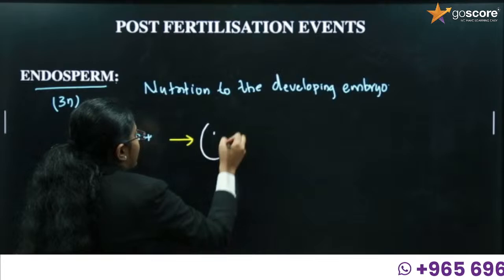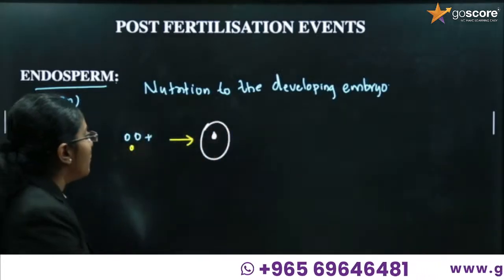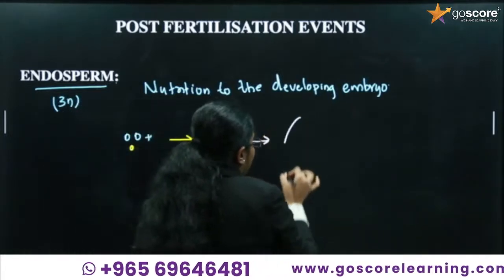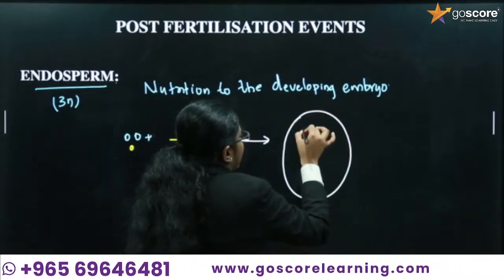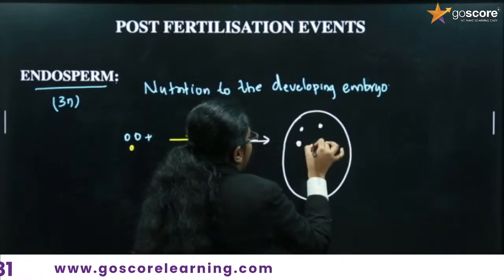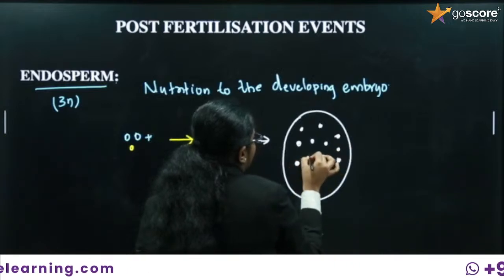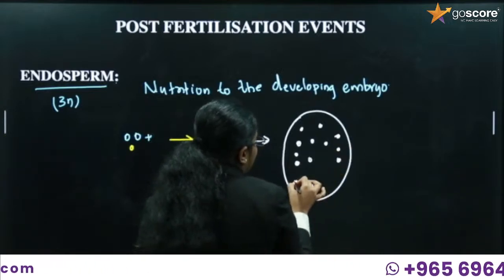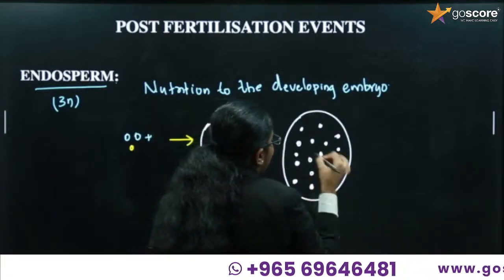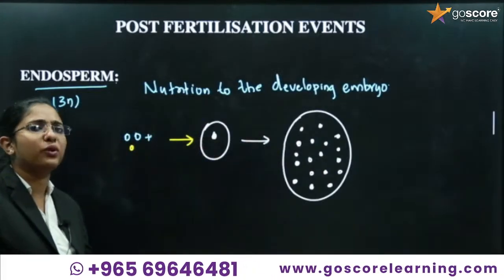Now there is a cell with a single nucleus inside. How is the endosperm formed? In most cases, the single nucleus first undergoes free nuclear division. One nucleus divides into two, then three, four, five, six, seven nuclei. It undergoes many free nuclear divisions.